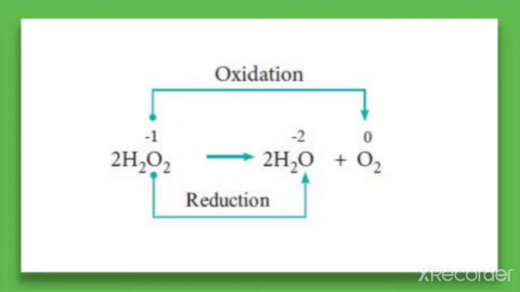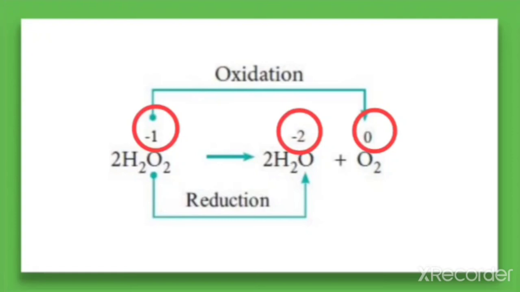So whenever any equation is given to you, it is better to write down the oxidation state of each term. It is better to use a pencil and write it on top of each term in this way, and then you can find where there is a change.